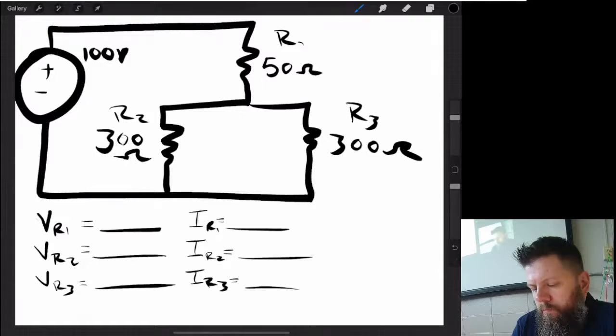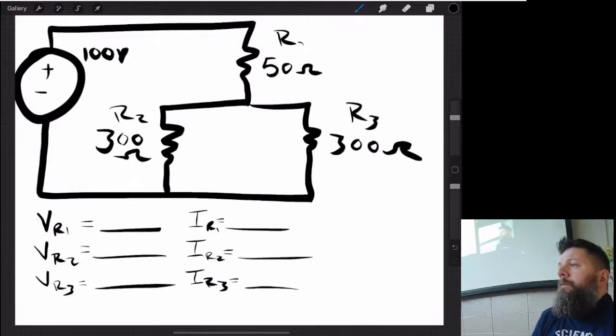Is the current over resistor 1, 2 amps? Because you don't have current, so current's X. Equation, right? But it's not going to be 2.